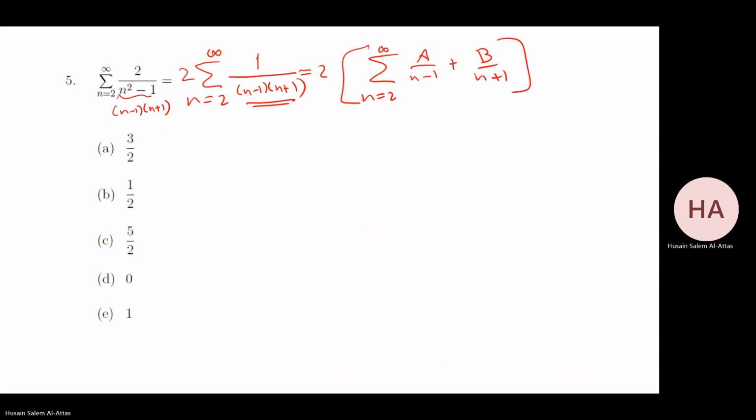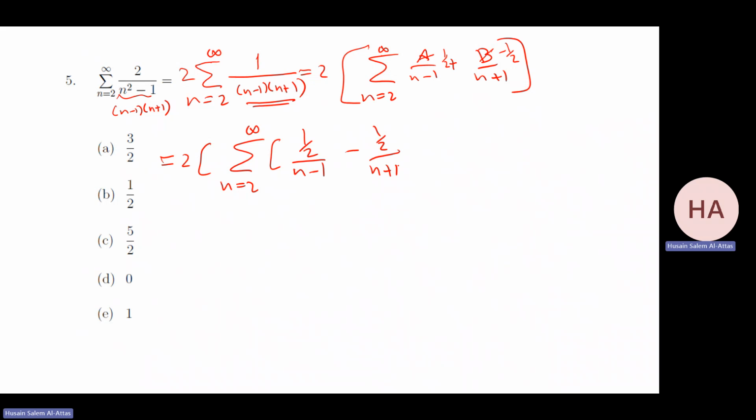So now cover n minus 1, substitute 1, A equals half. Cover n plus 1 and substitute minus 1, I'm getting minus half. So it's 2 summation n equals 2 to infinity, half over n minus 1 minus half over n plus 1. You know what? I can take the half outside also. So that will be summation n equals 2 to infinity, 1 over n minus 1 minus 1 over n plus 1.